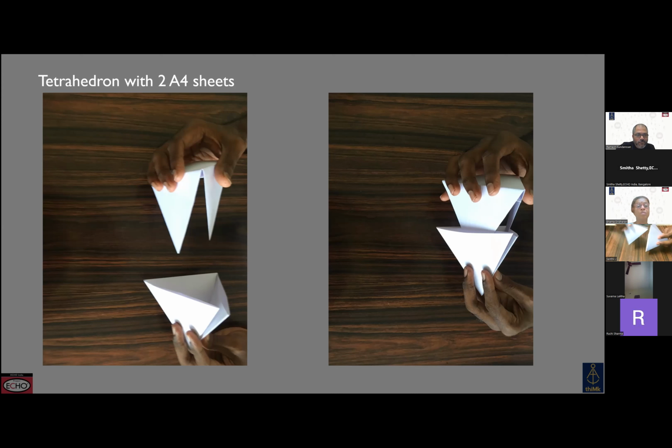Here, you find two pockets on these two openings, and that's where these two flaps are going to go inside. Like this.